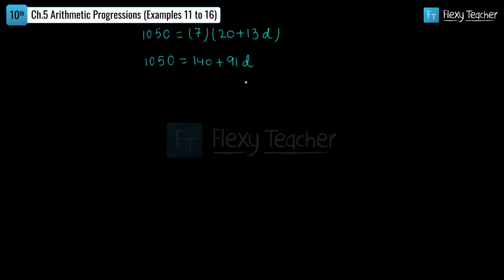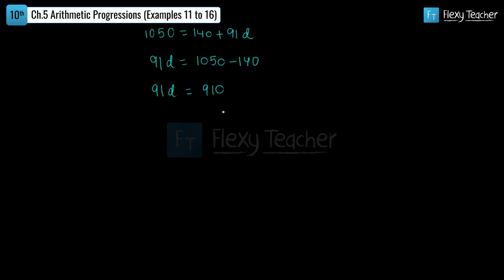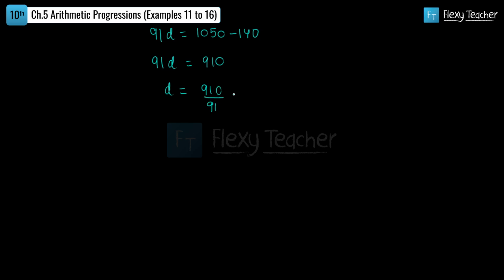Okay, so 91d is equal to 1050 minus 140. So 91d is equal to 910. Okay, and therefore d is equal to 910 upon 91 is equal to 10. ये हमने एक अननोन निकाल लिया D. Okay? Now let us see what is the 20th term. So an is equal to a plus n minus 1 into D. Okay?